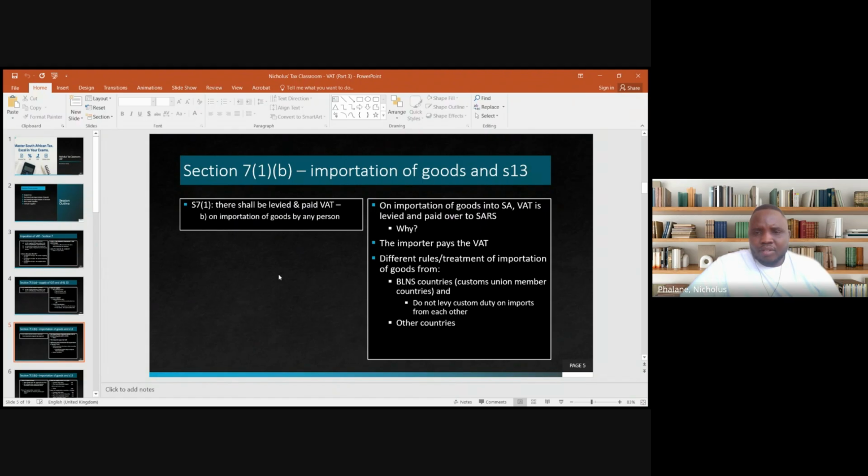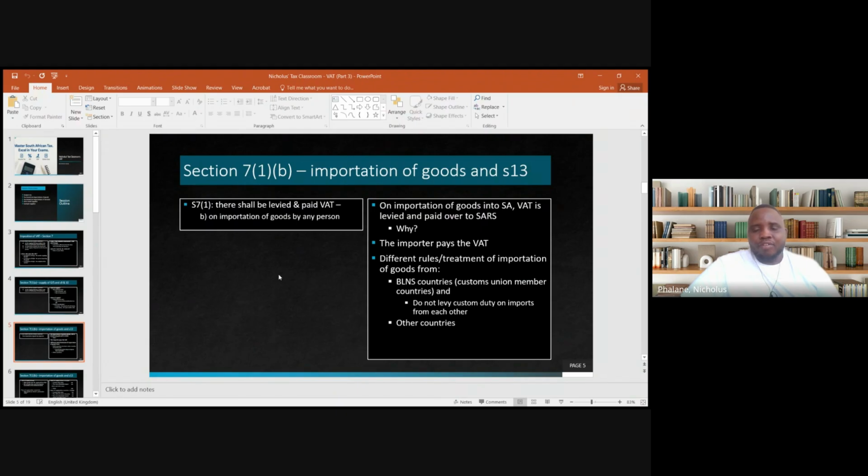So there will be no VAT on that transaction. When you compare the prices of local suppliers who are VAT vendors and suppliers from foreign countries, the prices would be different. Obviously the prices from foreign suppliers would be lower compared to the local suppliers. And just because of the VAT, SARS is saying, let's eliminate the issue of VAT, right?